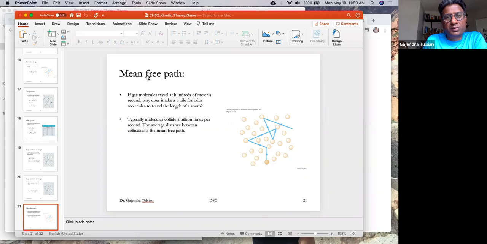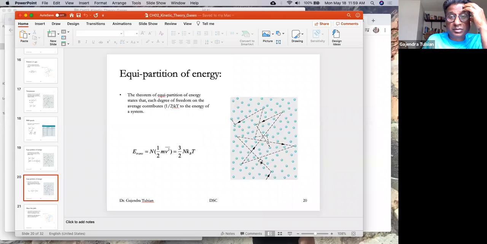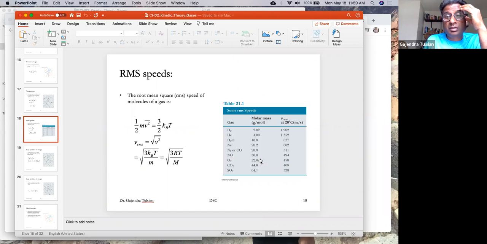So now we'll talk about mean free paths. We did mention this, but this is roughly the average speed. At 20 degrees Celsius, which is room temperature, air is mostly nitrogen and oxygen.